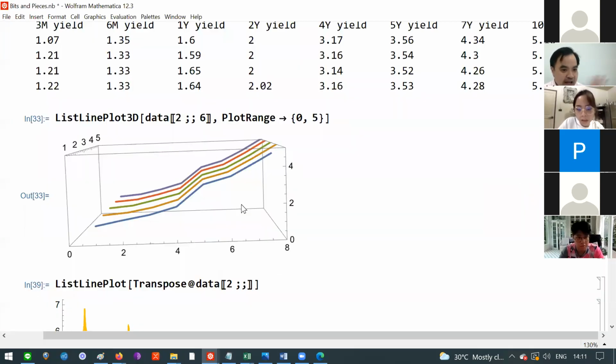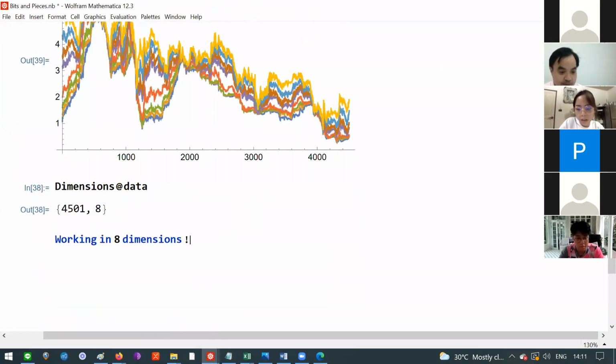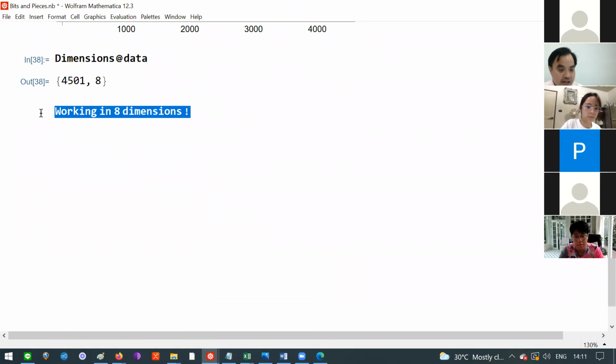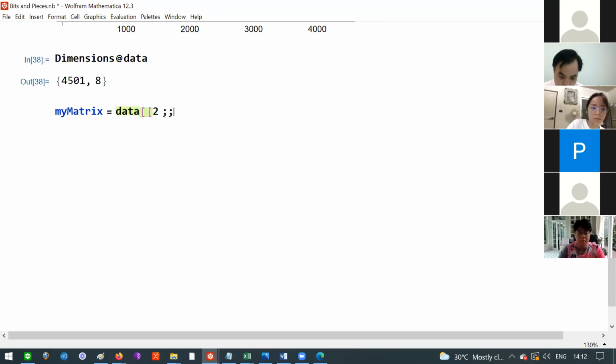I'm just going to carry out the calculation. My matrix is equal to data, because I don't need the name. And the matrix is okay, right? Now, let's see that dimension.